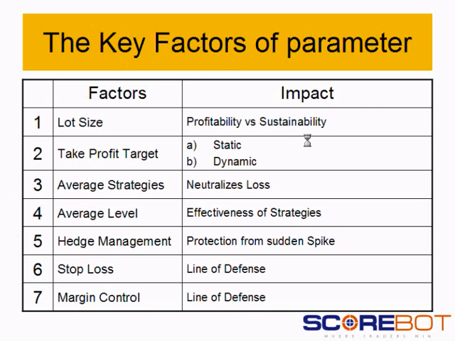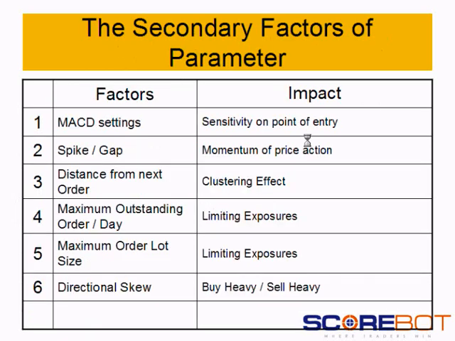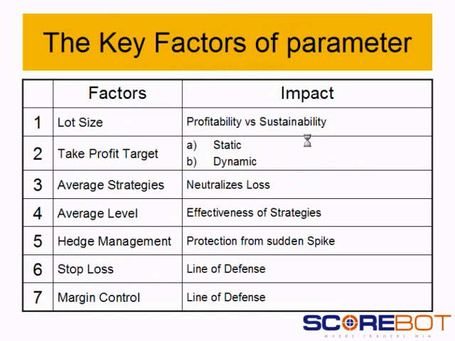Now these two tables that I'm showing you here are some key factors of the parameter, which I will in subsequent videos explain in detail each and every one of them. The key factors are lot size. What is the impact is about profitability versus sustainability. The other factor, take profit target based on static or dynamic.